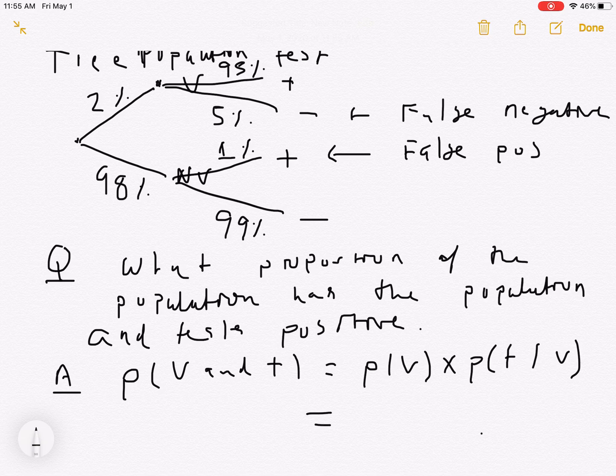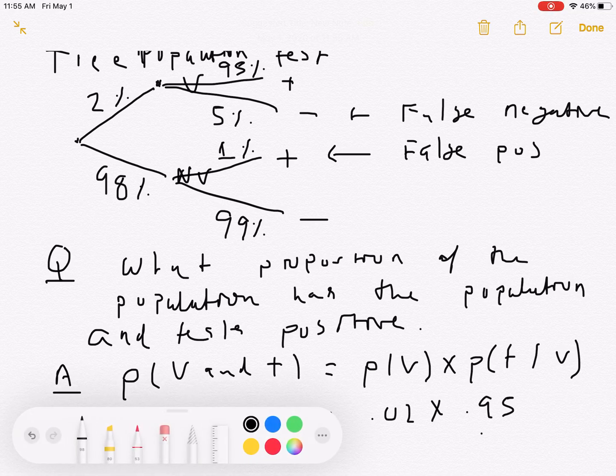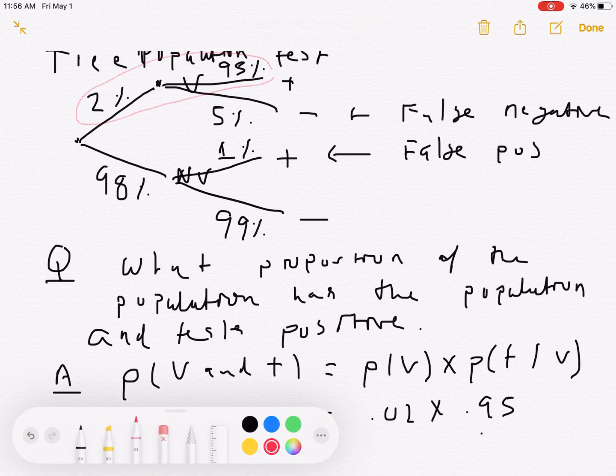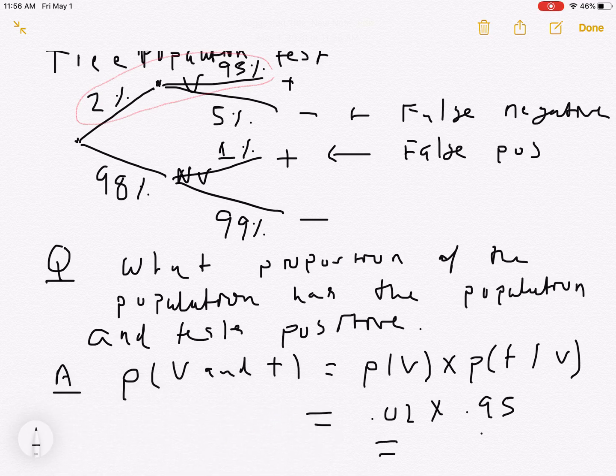And that's going to be 0.02 times 0.95. So in other words, it's just this path right here, the path to the true positive. And if you calculate that number, it's going to be 1.9%.